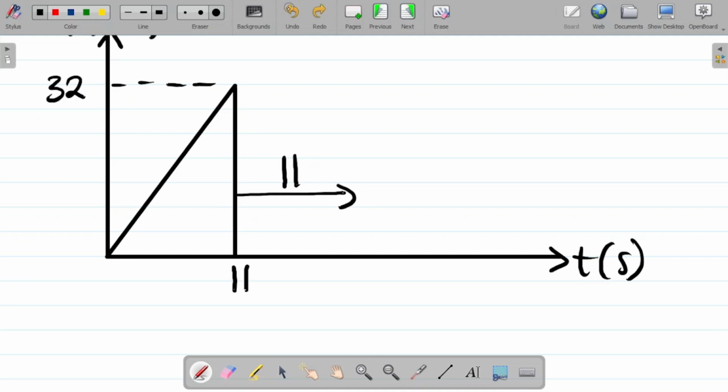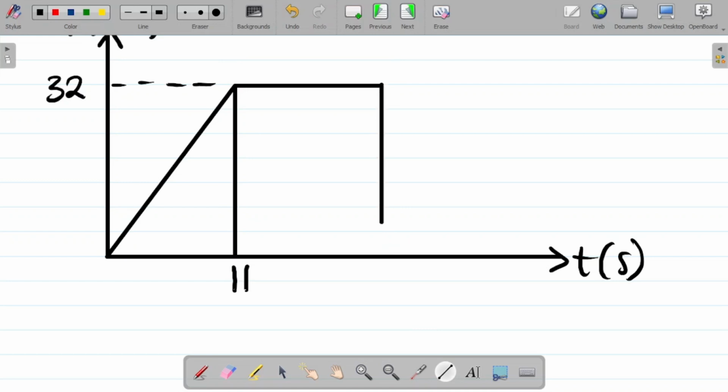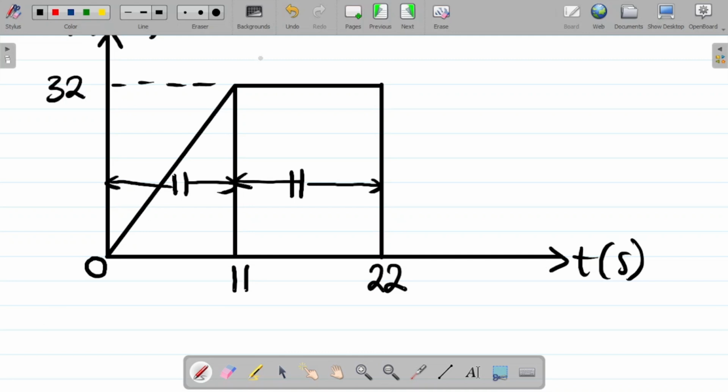So 11 plus 11 gives you 22. So the graph goes straight across until it gets to 22. At this point, it comes down. That becomes the first 11 plus the second 11, which gives you 22 seconds from the origin. That's how this is done.